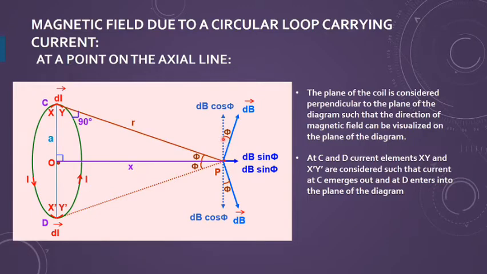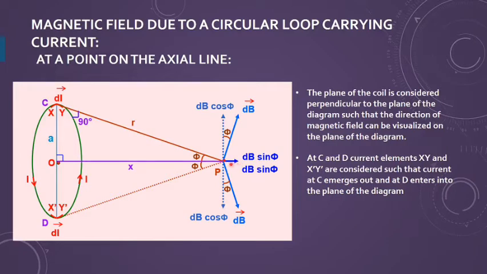And if you resolve this dB into components, you get here dB cos phi and perpendicular to it dB sin phi. Similarly, due to the small current element at point D, again the direction of dB is as shown in the diagram, and if you resolve, you get the components dB cos phi and dB sin phi.